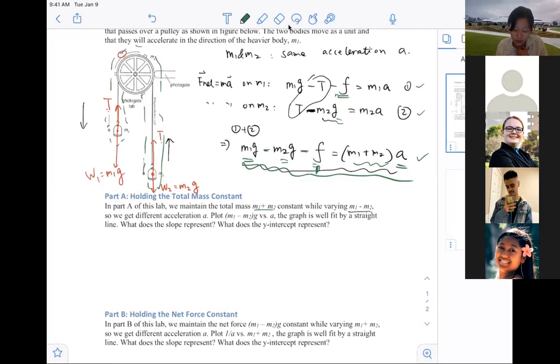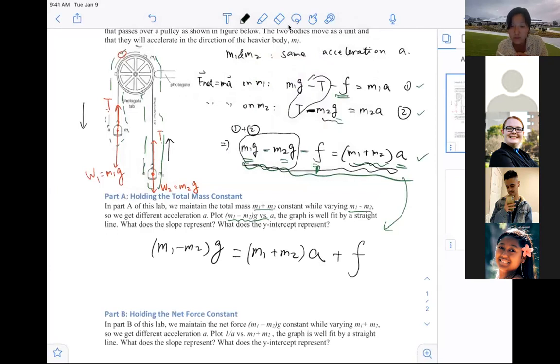Okay, so if we were to plot (M1 minus M2)G versus A, what do we get? So let's modify this equation. We're trying to plot (M1 minus M2)G, and that is equal to (M1 plus M2)A plus F, right?